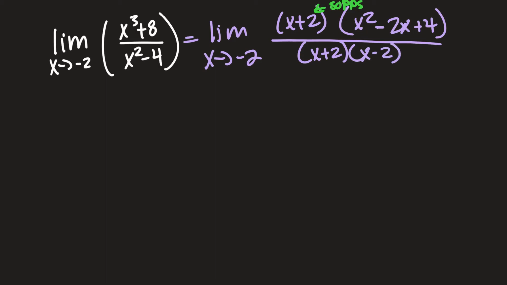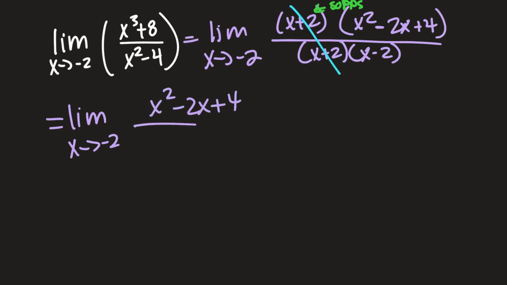Okay. Then at that point, those two go away. And I'm left with the limit as x approaches -2 of x squared minus 2x plus 4 all over x minus 2.